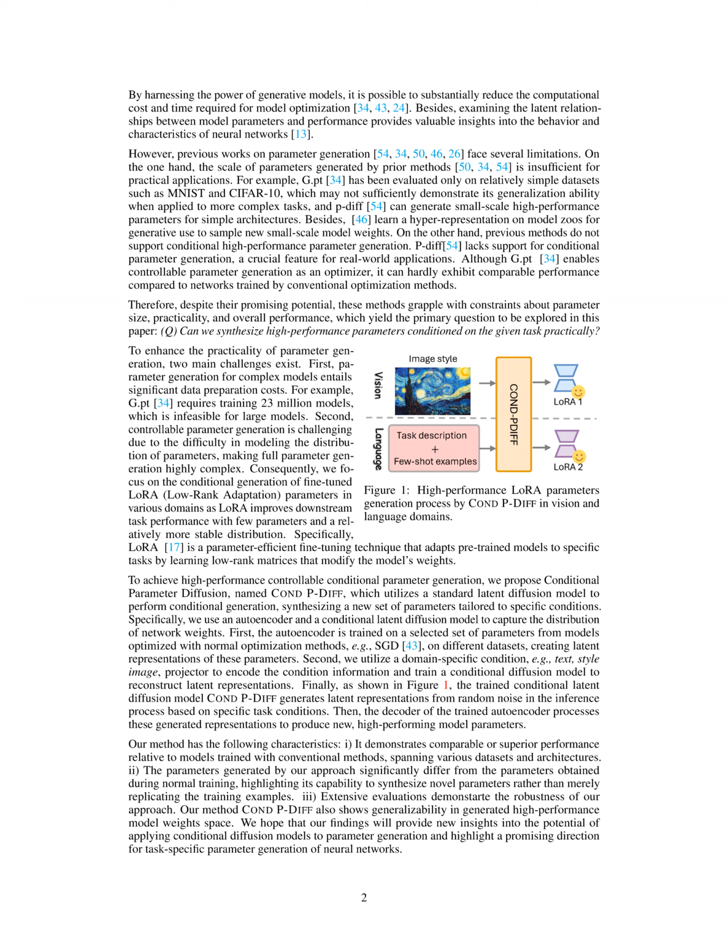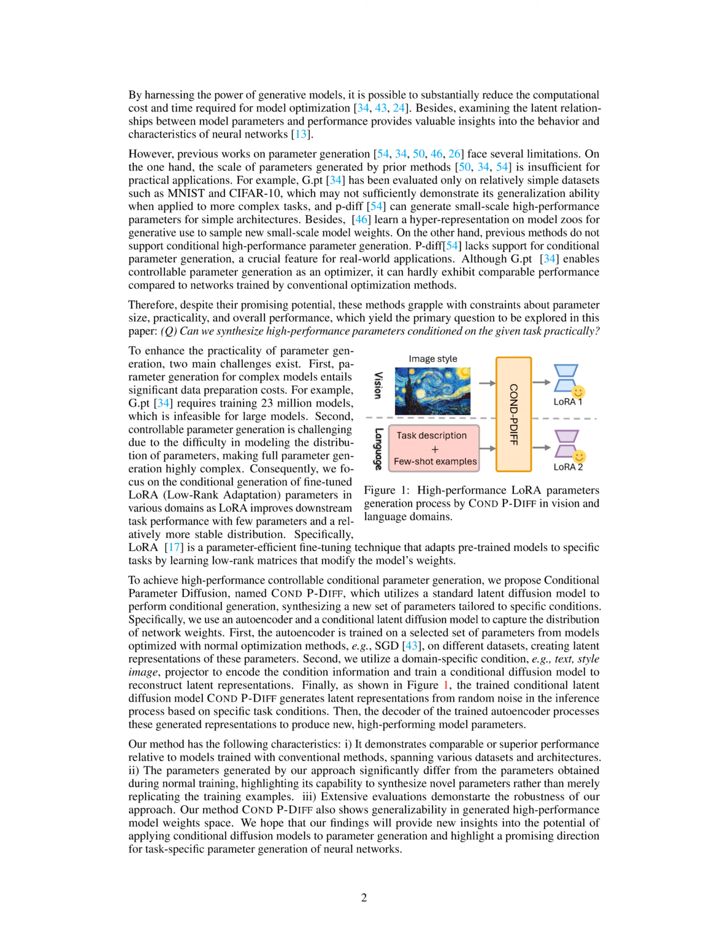Practically, COND P-DIFF significantly reduces computational costs and time associated with model optimization by leveraging a conditional latent diffusion model, allowing for the generation of high-performing parameters that differ from those obtained through conventional training methods.